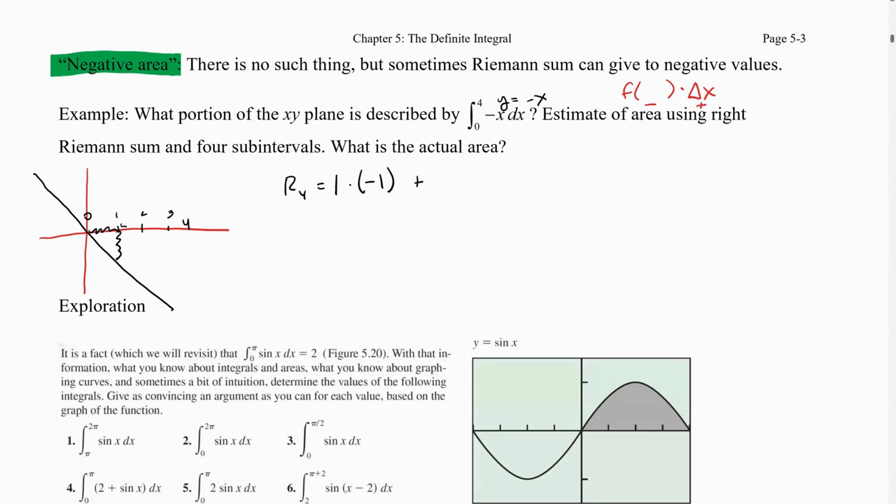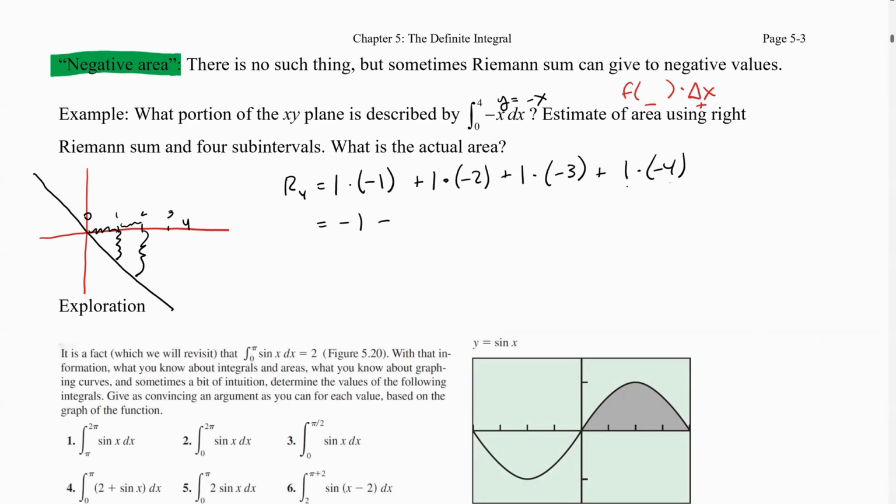And what about that second subinterval? Width is still 1, and the functional value there is -2. Our third subinterval, still a width of 1, still a functional value of -3. And our fourth subinterval, width of 1, functional value of -4.